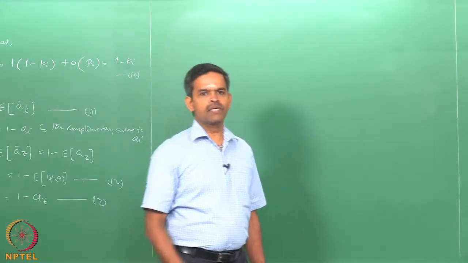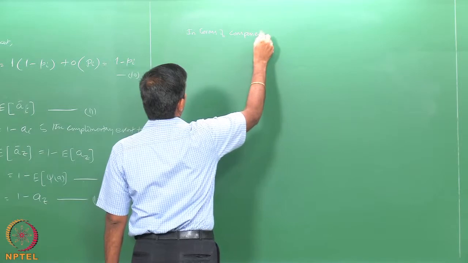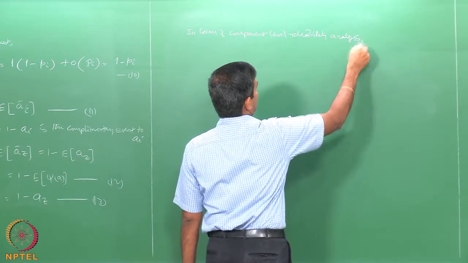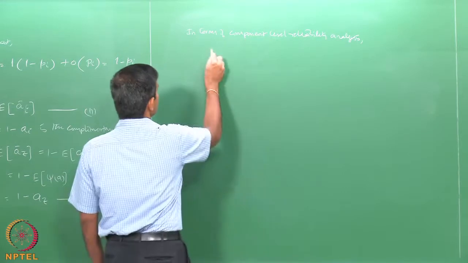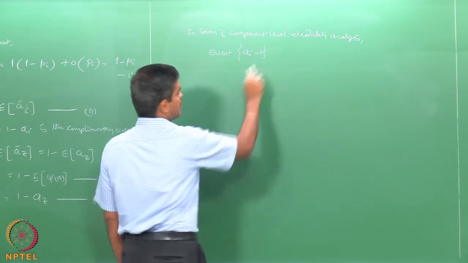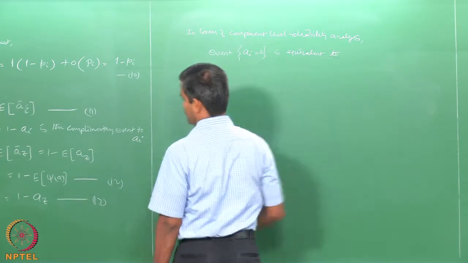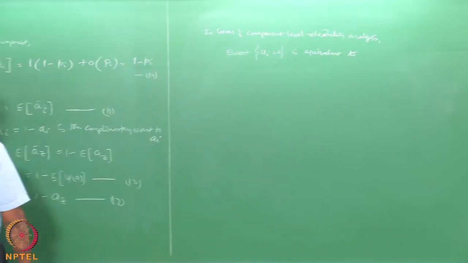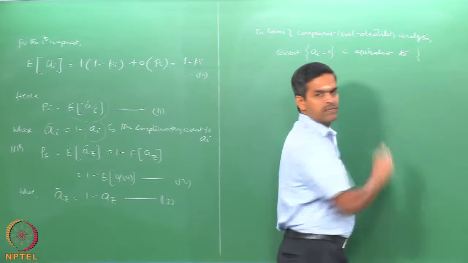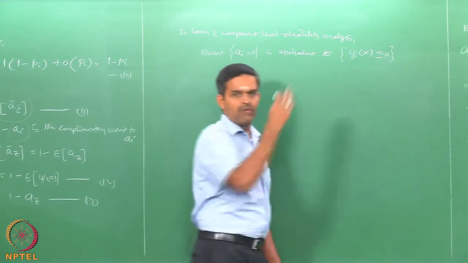In terms of component level reliability analysis, one can say that the event Ai set to 0 is equivalent to some function Gi of x less than or equal to 0, which is a failure function.